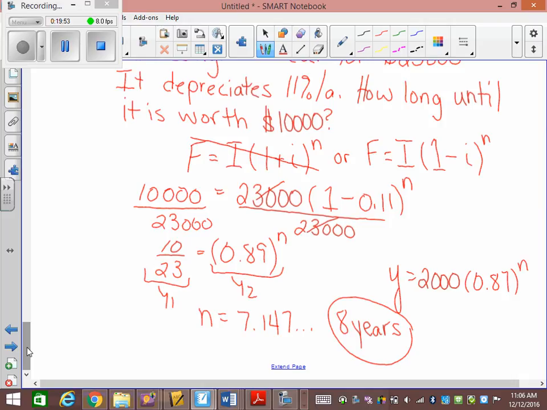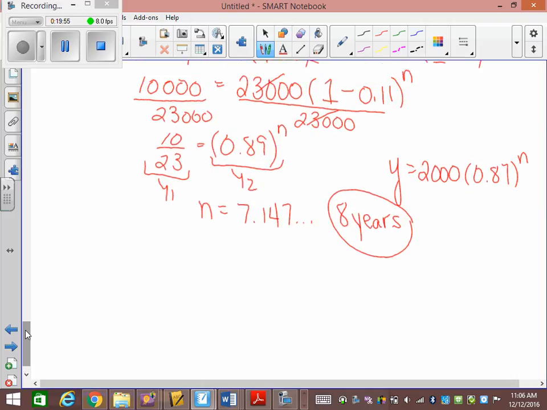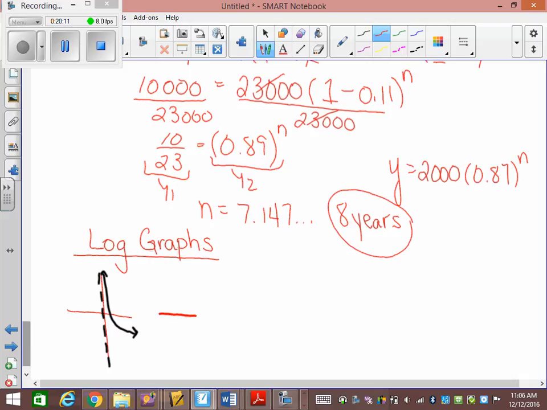So if we do logs, this isn't going to be just logs, but we're going to look at the log graphs. The log graphs are ones that look like this. Remember, you have your vertical asymptote, and you either have the graph depreciating or appreciating.